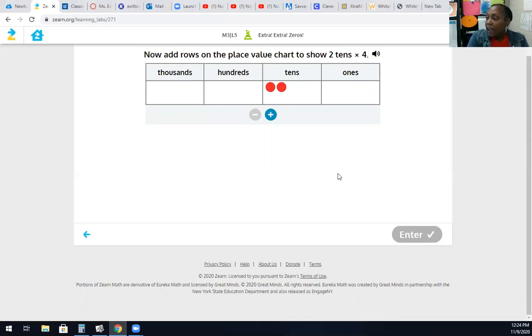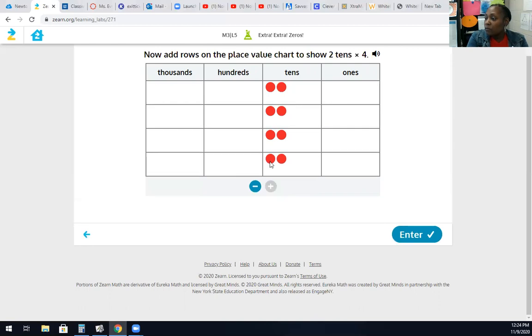I would add 1, 2, 3. Is that 2 tens times 4? It is. That is 2 tens with 1, 2, 3, 4. There are 4 groups.